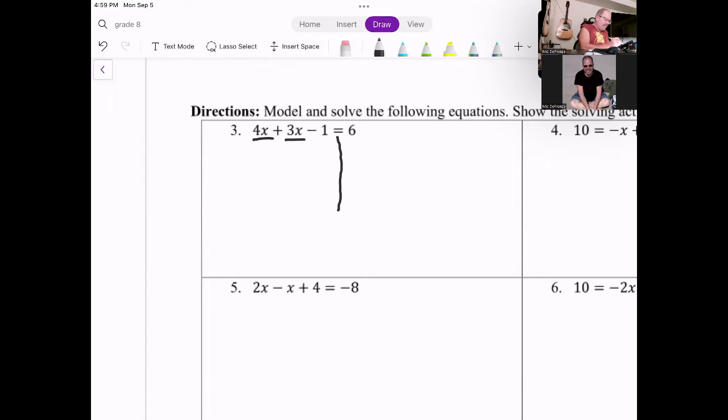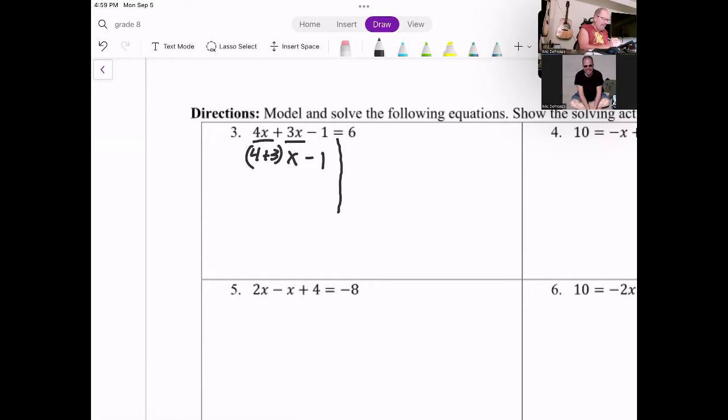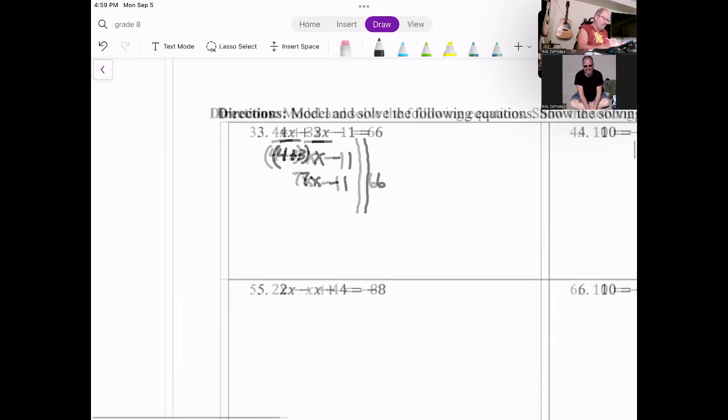So 4x's plus 7x's, and here's what we're doing when we do this. We're adding the 4 and the 3 and putting the x there. Now that's a step, as long as you know that's what you're doing, you don't need to write that step. So 4x's plus 3x's is 7x's minus 1, and it still equals 6.